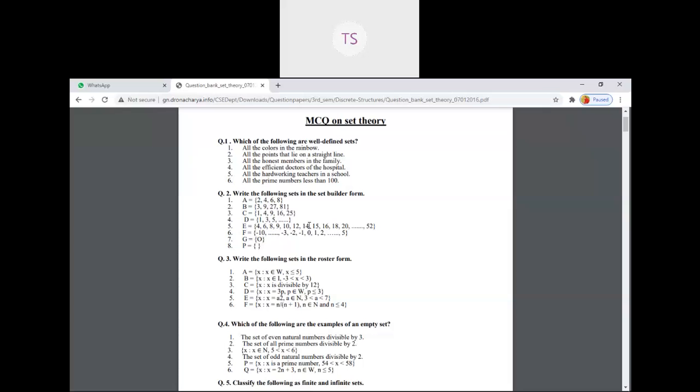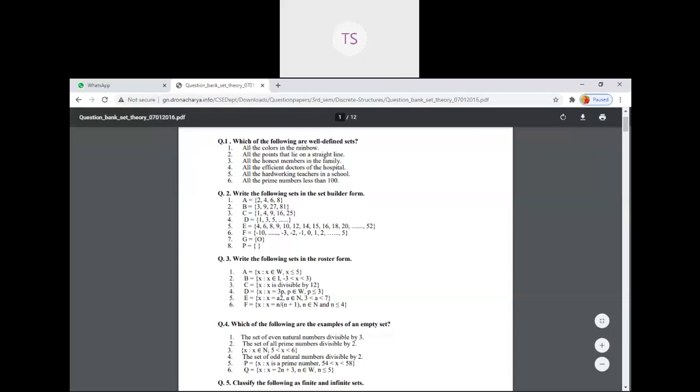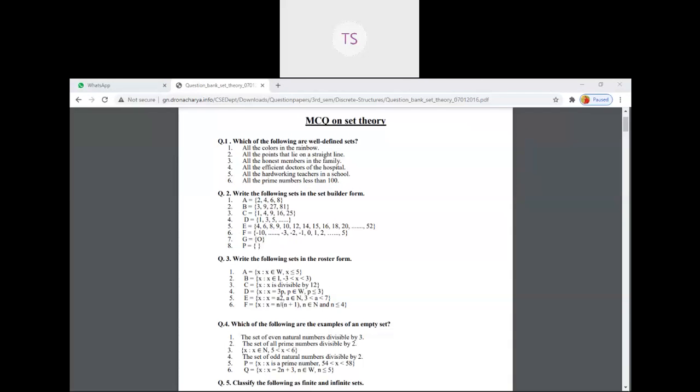If only the curly bracket is given and nothing is given inside the curly bracket, you have to understand that it is the null set or the empty set. So P is the null set. You just write P, the null set.